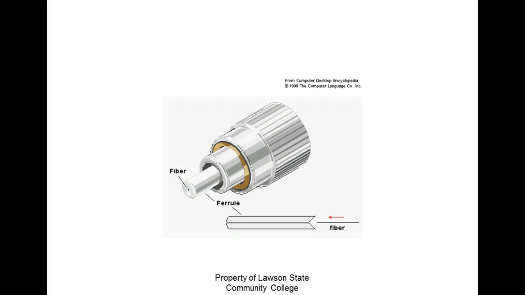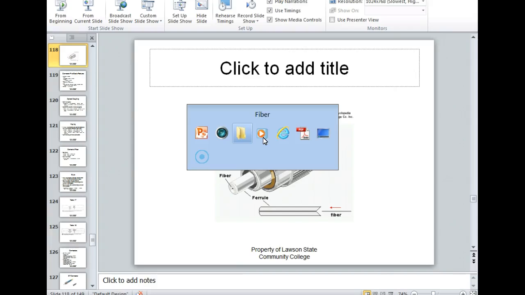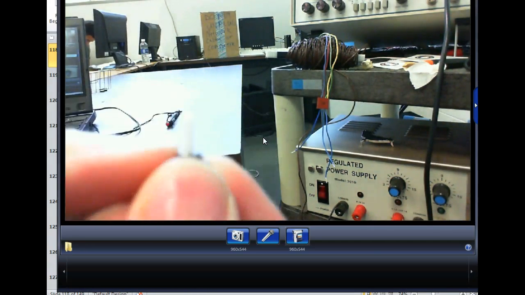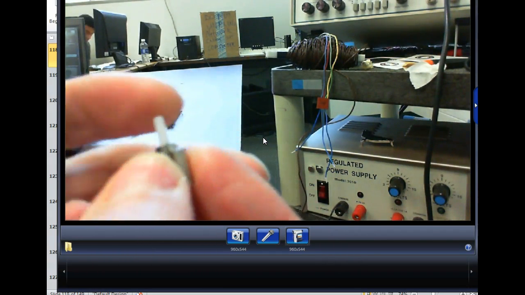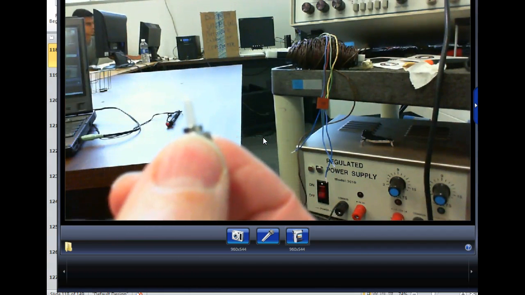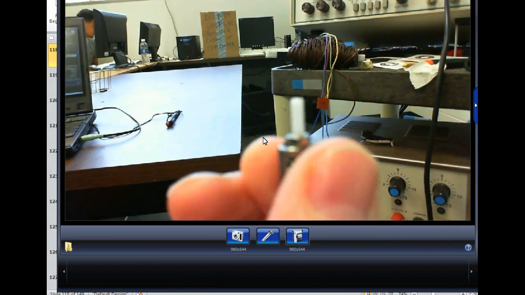The ferrule is what does the alignment of the fiber. So this is the ferrule right here. It can be plastic, ceramic, or metal. On some of these I showed y'all, they were metal.